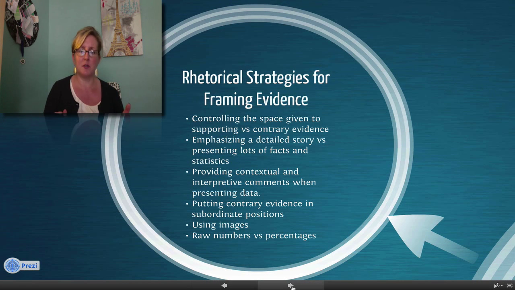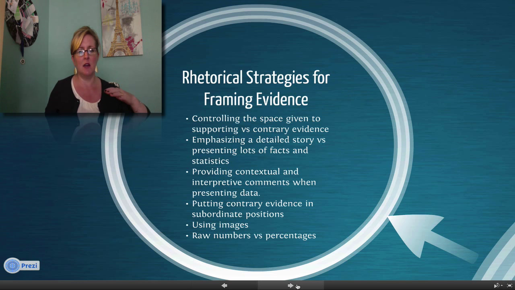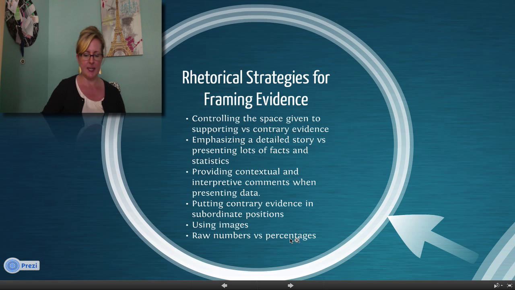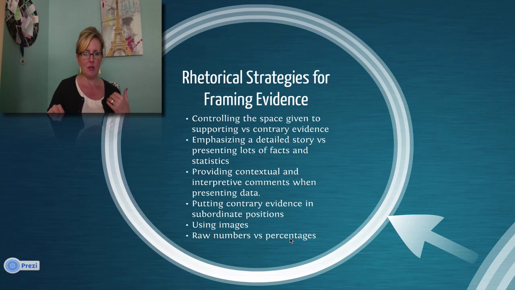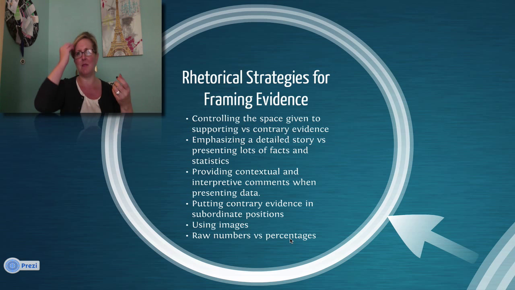There are rhetorical strategies for framing evidence, just like I said at the very beginning. Sometimes, if we look down this bottom example, you want to use a certain number, like instead of using the percentage, because it may indicate something less emotional.